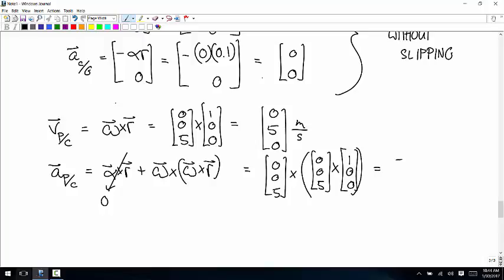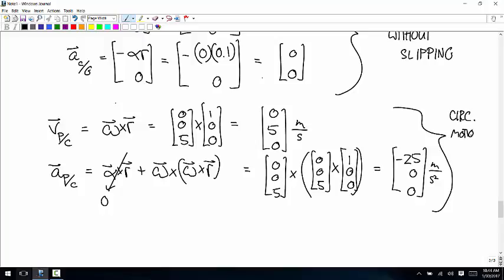And that is negative 25, 0, 0 meters per second squared. So this is circular motion of the Ferris wheel. The rolling without slipping is of the wheels.